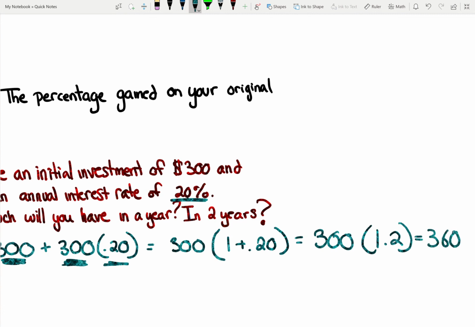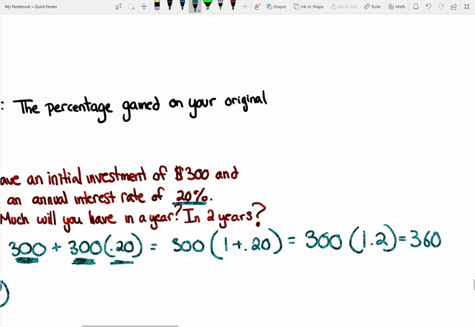So at the end of the first year, if I start off with $300 and I have an interest rate of 20% annual, I'll have $360 in my account, which is awesome.